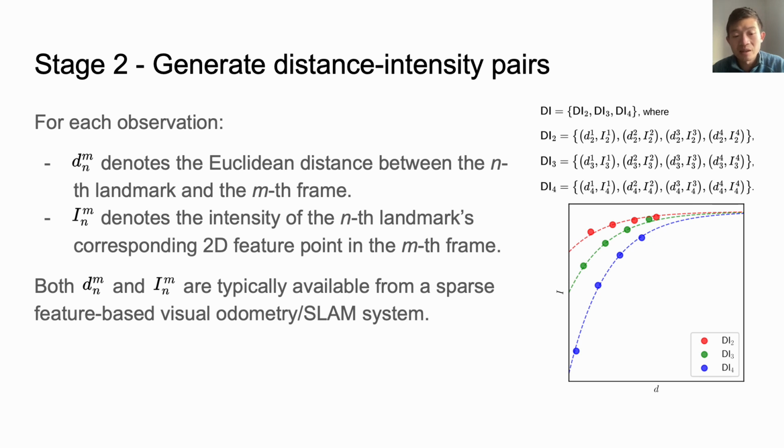Both d and I are typically available from a sparse feature-based visual odometry or SLAM system. The scatter plots are shown on the right. As you can see, there are 3 groups of distance intensity pairs, each corresponding to the observations of a particular landmark, and they are shown in different colors.